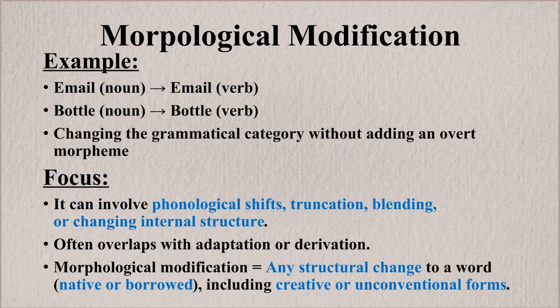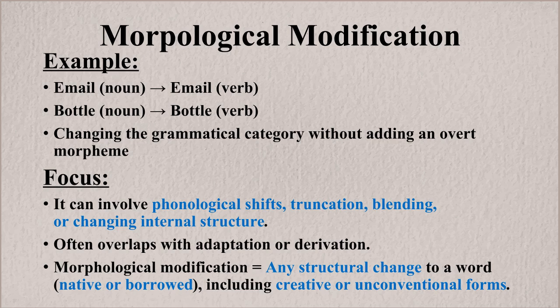Let's take an example here. The word email is a noun and its grammatical category is changed to verb with the modification of meaning without the addition of any morpheme. Such modification is known as zero modification. So is the case with the word bottle, changing the grammatical category without adding an overt morpheme.